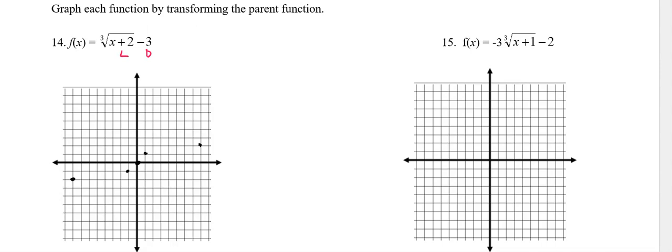Left 2, down 3. Left 2, down 3. Left 2, down 3. And so the red dots represent, this is called a translation, a shift of the parent. Didn't have to do the domain and range on those.